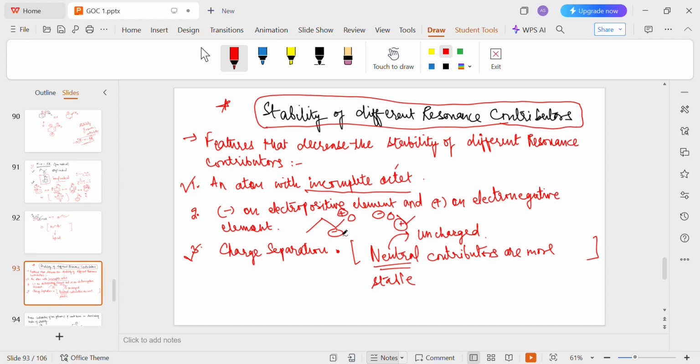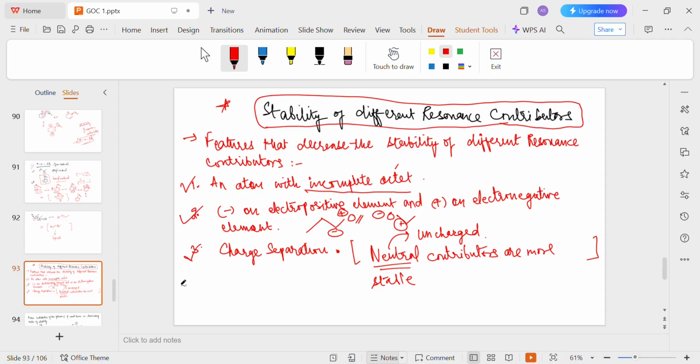Carbon here possesses a negative charge. What should be the case? Oxygen being more electronegative, it should have higher electron density because it is better able to accommodate the extra charge. So that's why a negative charge on an electronegative element is stable. But if a positive charge comes on the more electronegative element, it makes the contributor less stable.